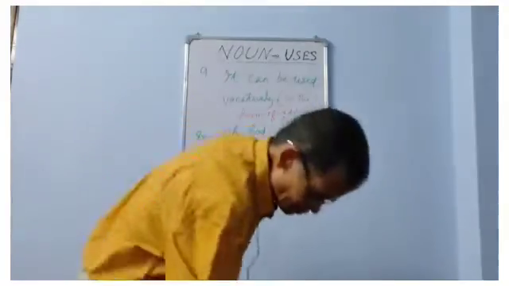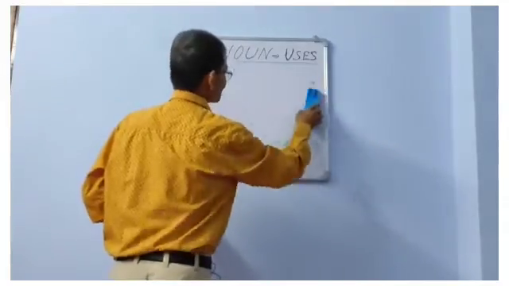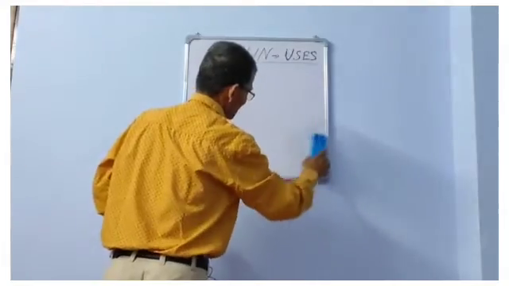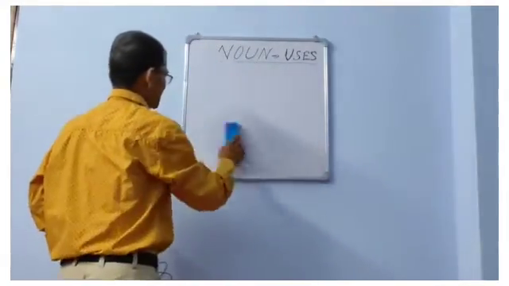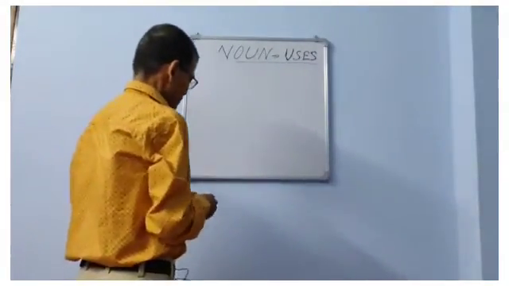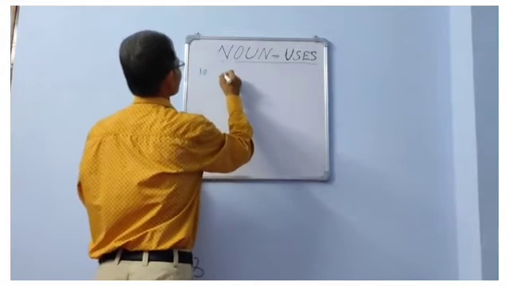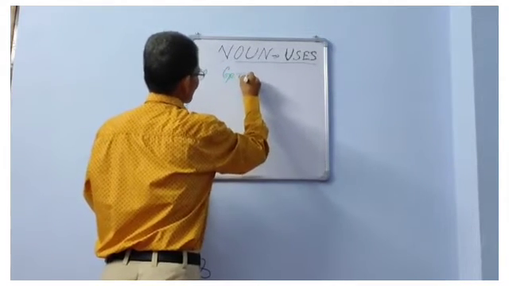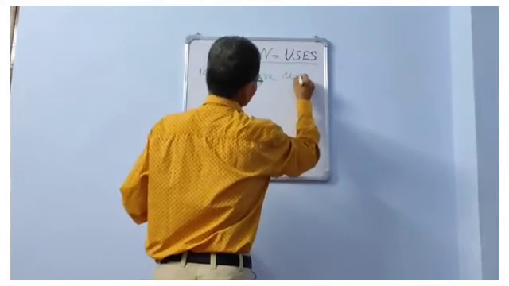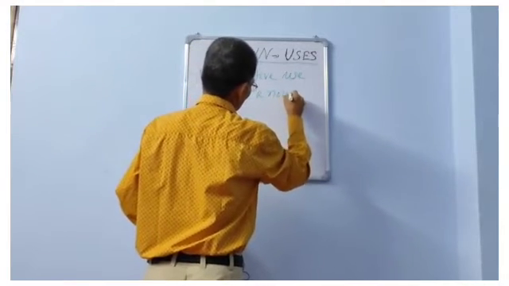Now come to the 10th use, the last use of a noun. Last use, but not the least, it is also a very important use of a noun. The last use, number 10, is the genitive use of a noun.